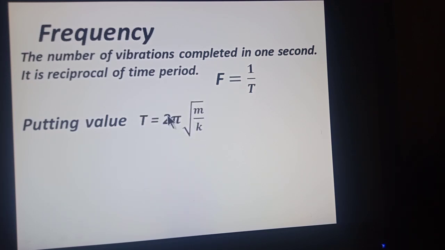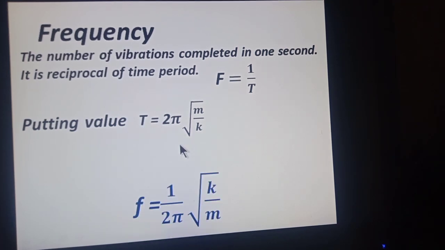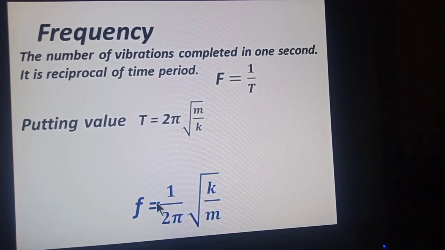We insert this value of T here and we will get the expression for frequency. Since T is in denominator, so values will be inverted. f is equal to 1 over 2 pi under root k by m. It is the equation for frequency of mass attached to spring.